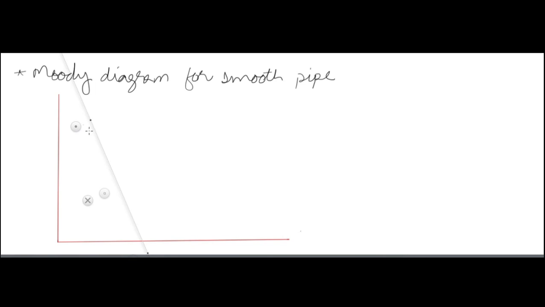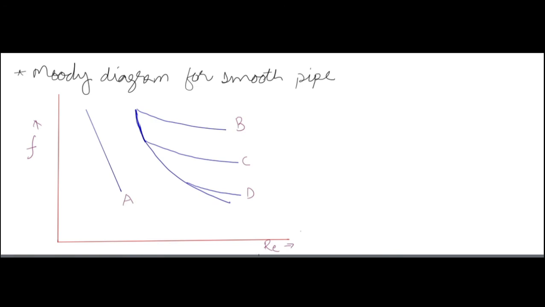Now Moody's diagram for a smooth pipe. It does not concern the dynamic analysis, but it is related to flow in pipes. It deals with fluid mechanics, so it is important.